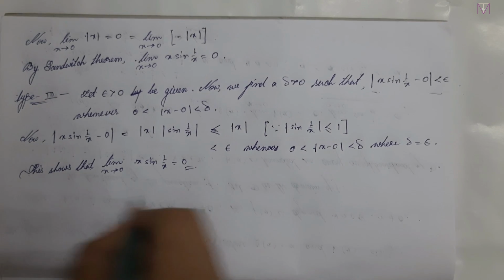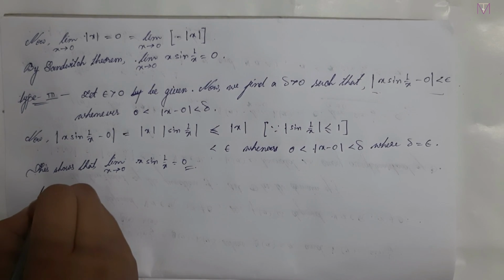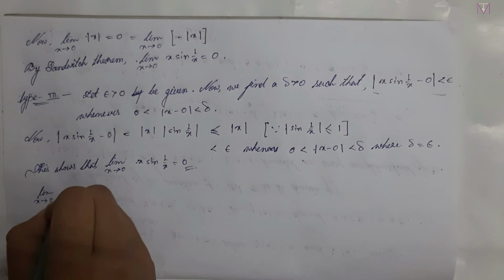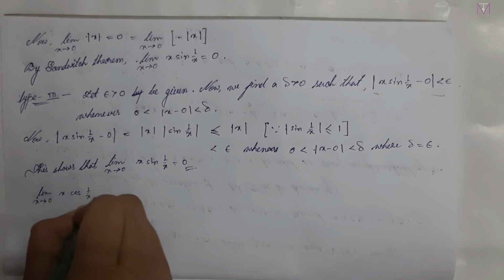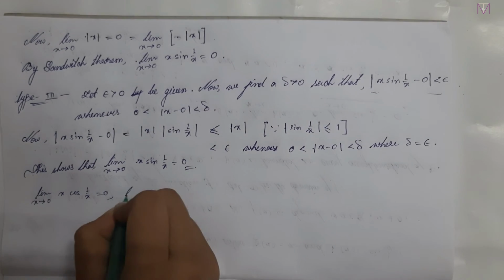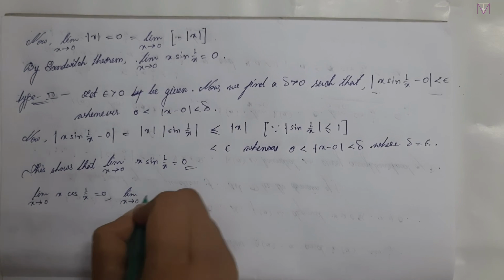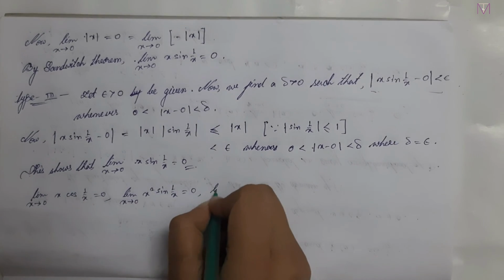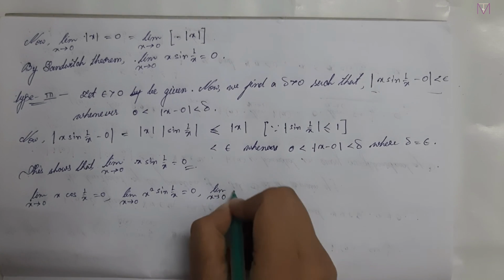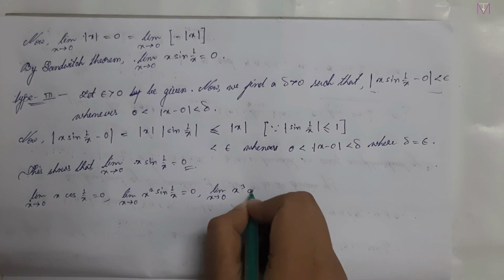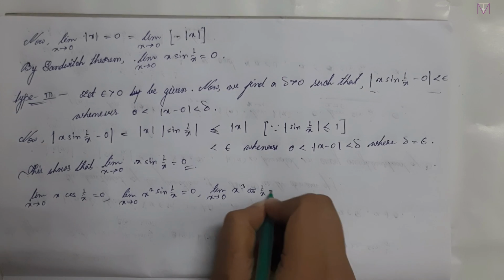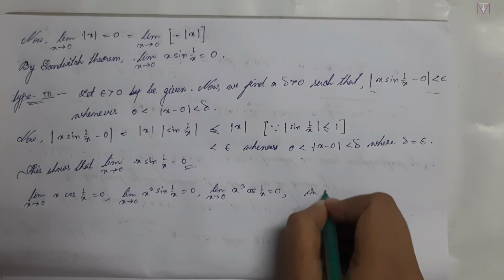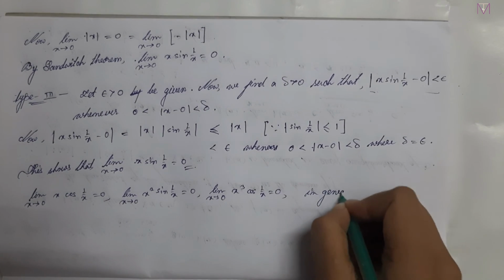You can easily prove in the same way that limit x tends to 0, x cos 1 by x is equal to 0. Limit x tends to 0, x square sin 1 by x is equal to 0. Limit x tends to 0, x cube cos 1 by x is equal to 0. In general, what we can prove?